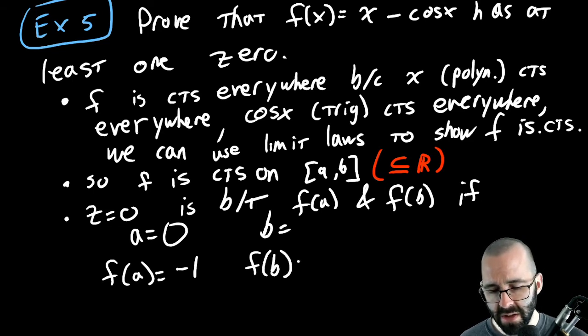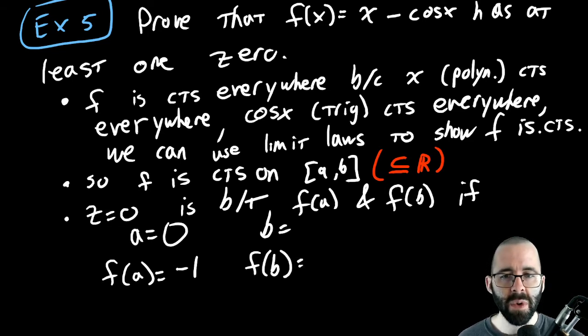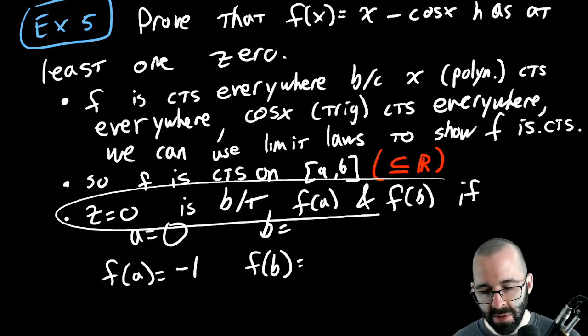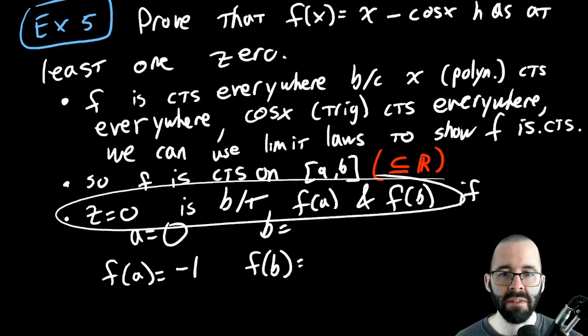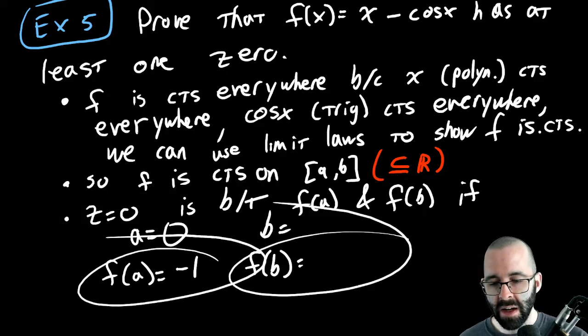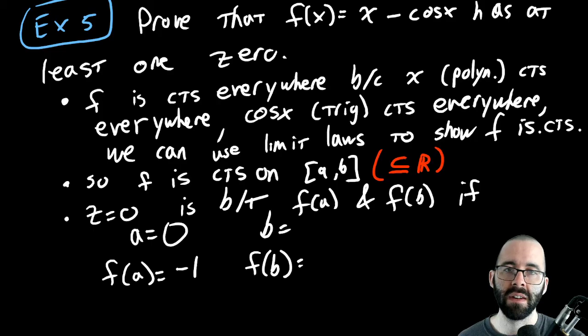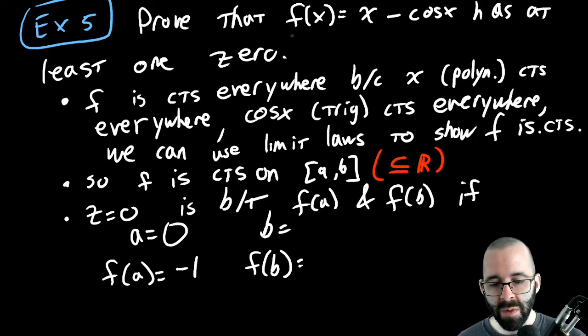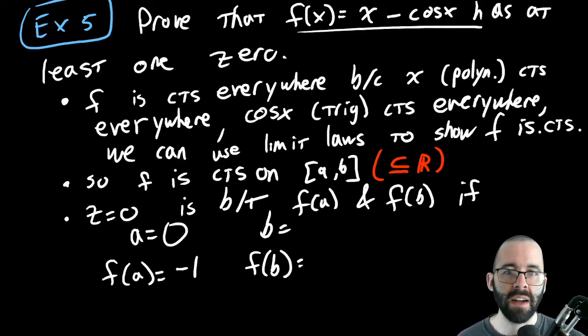Now is the harder part, because we have to choose a b that has a positive function value. We need 0 to lie between the function values, so one has to be negative and one has to be positive. So how do we choose something that is going to give us a positive function value?